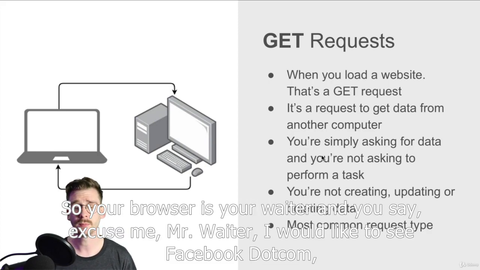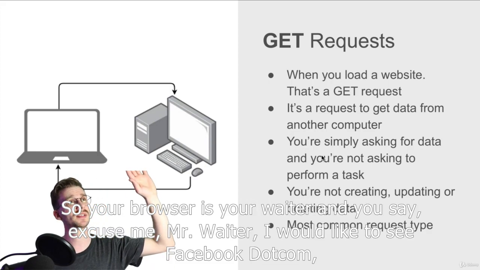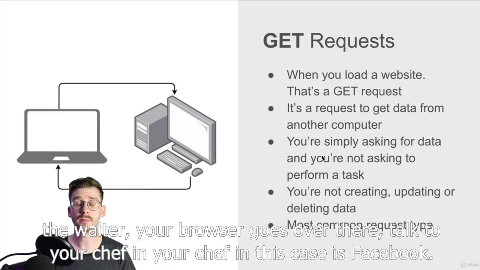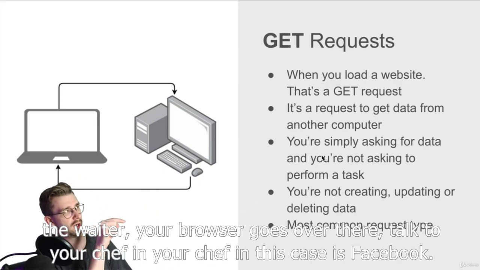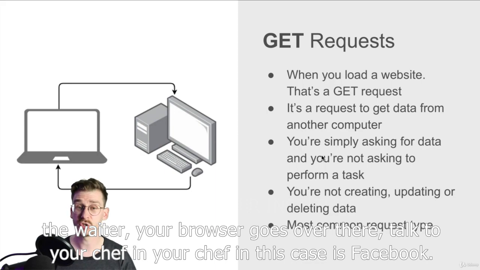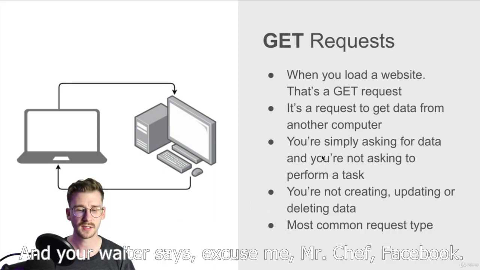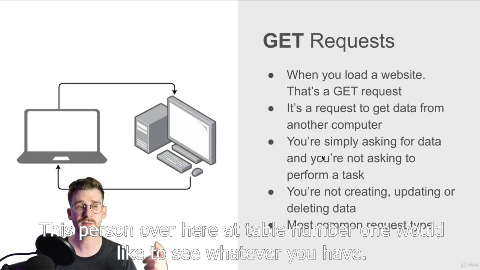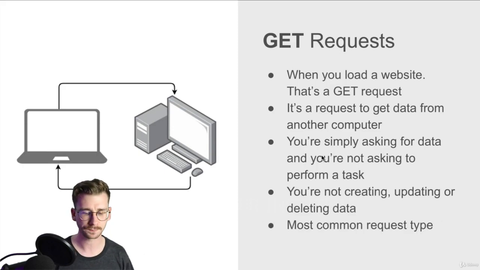So your browser is your waiter, and you say, excuse me, Mr. Waiter, I would like to see facebook.com. The waiter, your browser, goes over there, talks to your chef, in this case Facebook, and your waiter says, excuse me, Mr. Chef, Facebook, this person over here at table number 1 would like to see whatever you have.